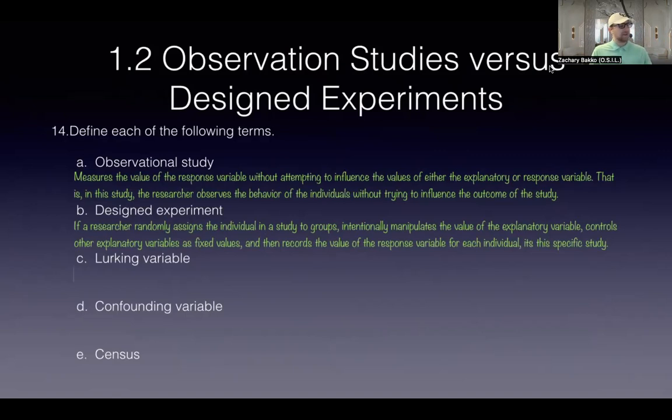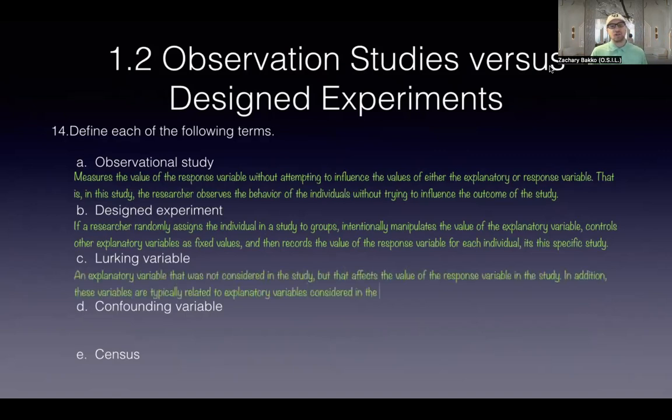Okay, a lurking variable is an explanatory variable that was not considered in the study, but that affects the value of the response variable in the study. In addition, these variables are typically related to explanatory variables considered in the study. My favorite example of this, my statistics professor gave it to me, was if we're comparing sunglasses sales with shark attacks, and we say the more sunglasses you buy, the more likely you are to be bitten by a shark.